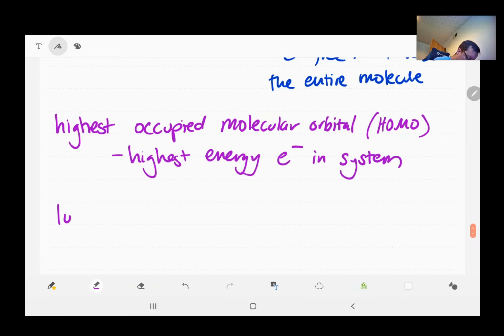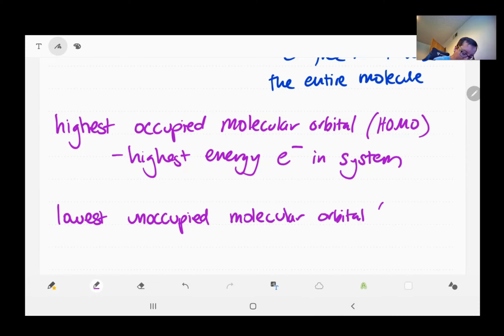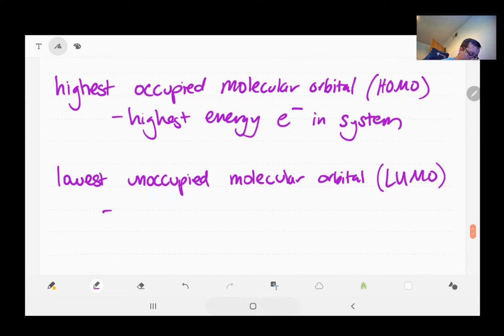You also have the lowest unoccupied molecular orbital, which is called the LUMO, and that's going to be your, I don't want to say lowest energy, unoccupied orbital. Self-explanatory, hopefully.